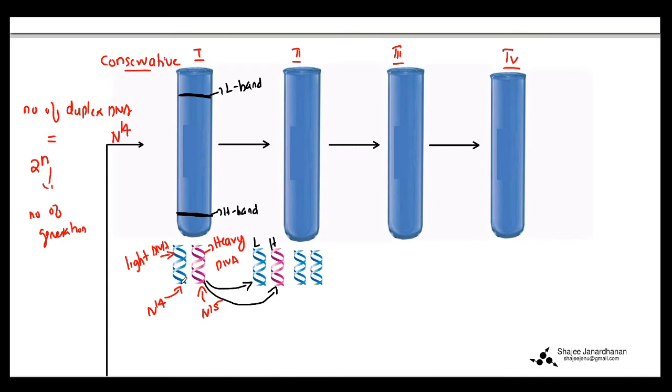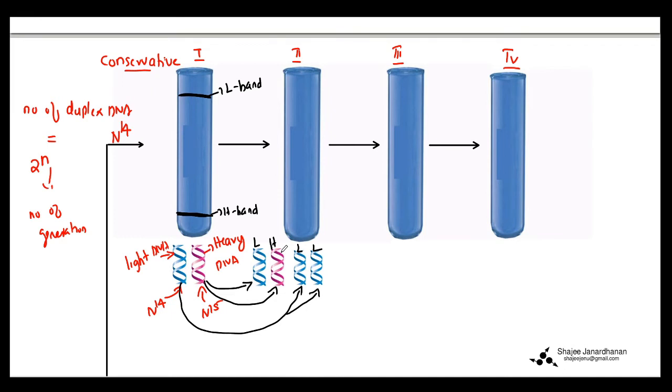Whereas the daughter duplex in the first generation, which already has N14, gives rise to two daughter duplexes which already have N14. So this will be light and this also will be light.